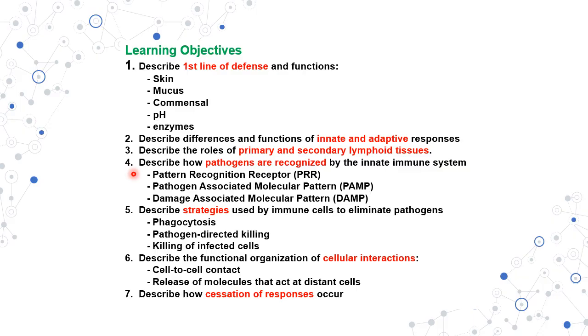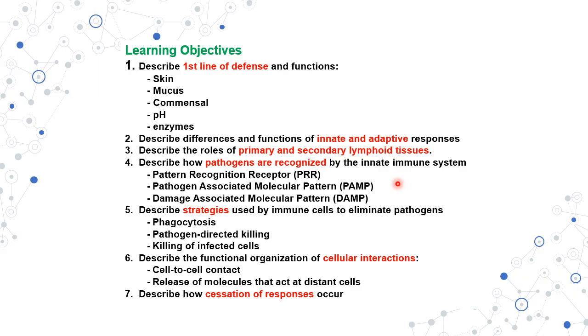So for the innate immune system, you're going to have a set number of receptors that are already present, and they're always the same for the species. Okay, they don't really change, and they're always going to work the same way.